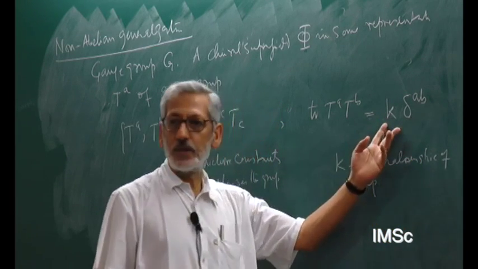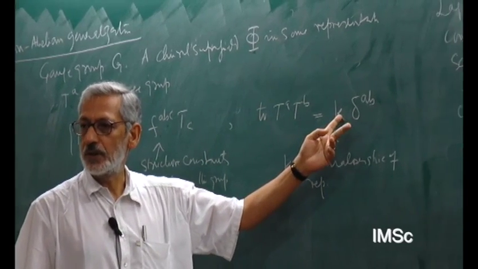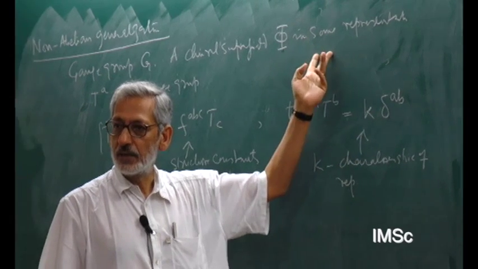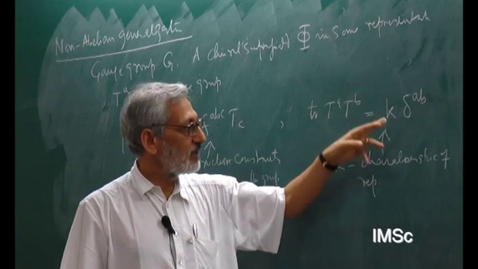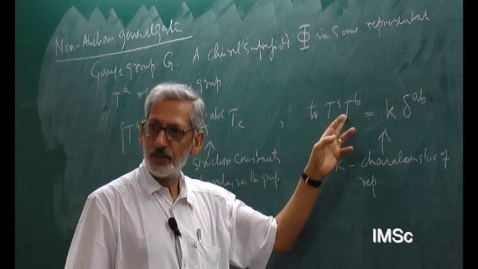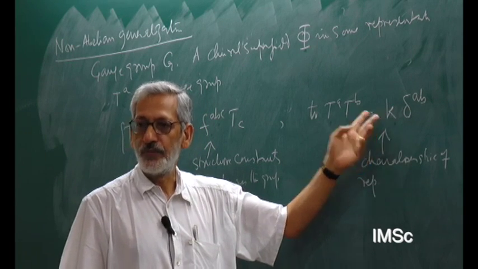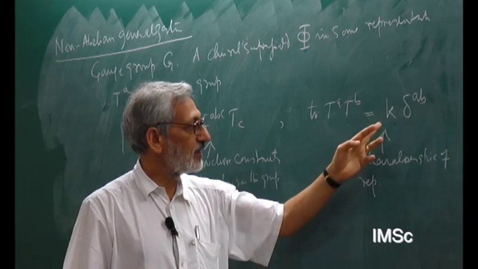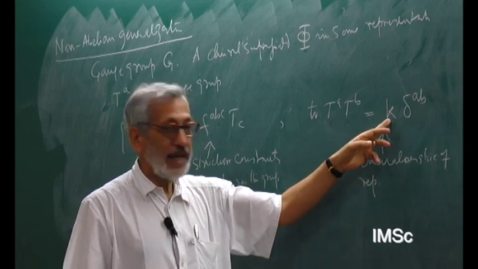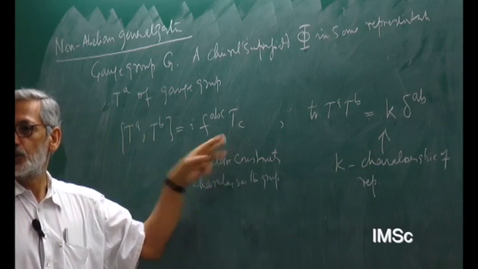So if you change the representation for Phi, the K will change. K is representation dependent. For example, in the SU(2) case, in the fundamental representation, K is half, I think. That's how the trace of sigma/2 squared is half. If you have a triplet representation, then K is, I think, 1. So K characterizes the representation, f^{ABC} characterizes the group.